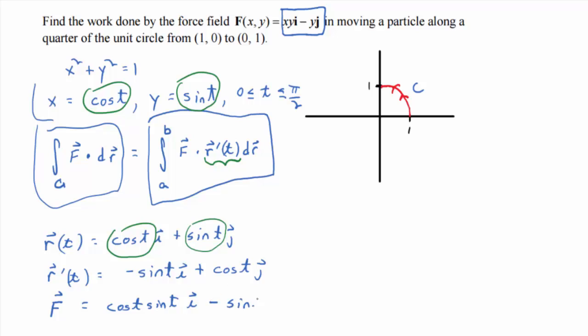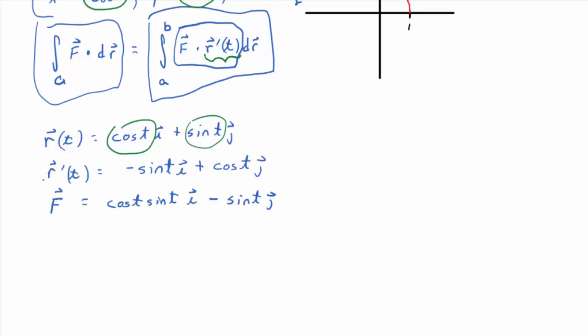Minus sine t times j. And now ultimately what you have to do to get your integrand when it's in this form is take the dot product, right? So let's do that. Take the dot product of r prime and F. I like writing it this way because they're lined up. The guys you've got to multiply together, they're lined up, aren't they?